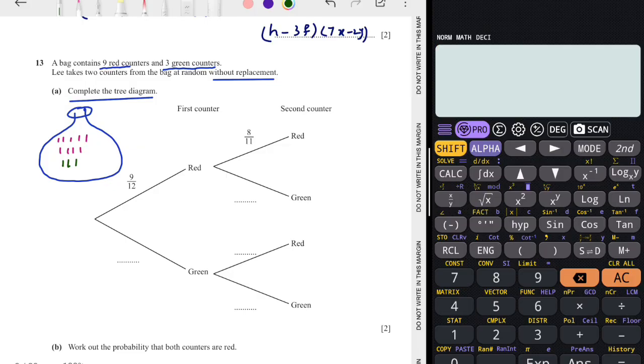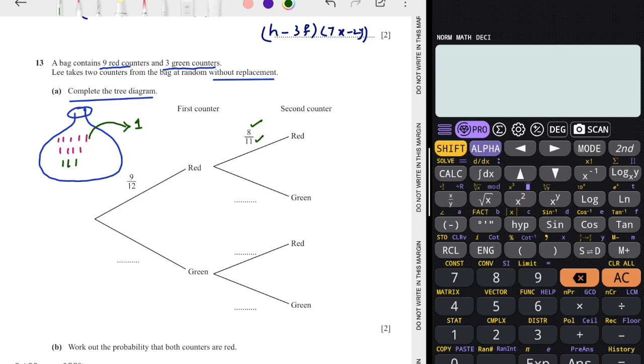So let us suppose if I take out one red counter from the bag, it should not be replaced back. So now there are remaining 1 2 3 4 5 6 7 8 red counters, and total are 11.